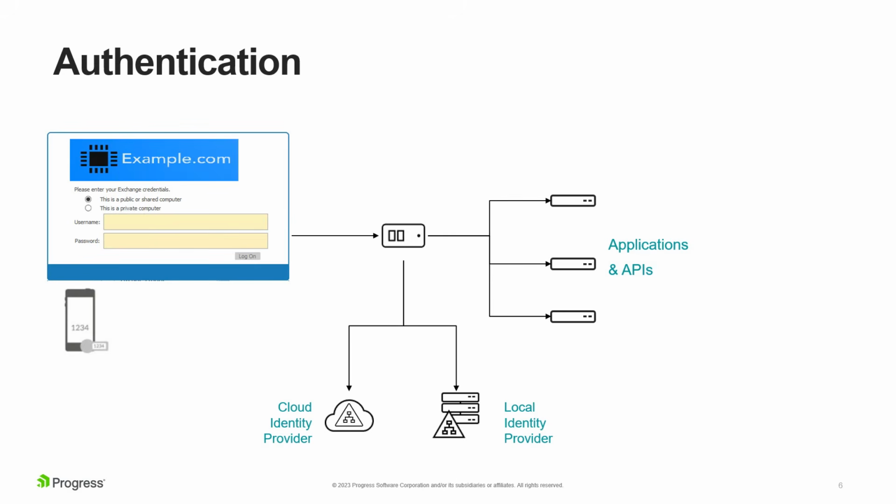Authentication, we have a lot of authentication capabilities in LoadMaster. This is just a high level summary. We can have multiple identity providers in there. So it could be Azure Active Directory in the cloud.